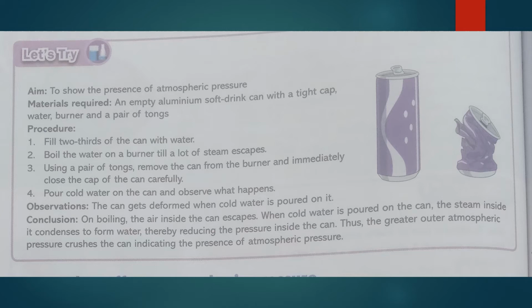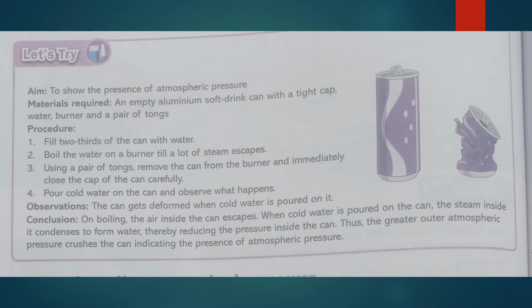So we can conclude that on boiling, the air inside the can escapes. When cold water is poured on the can, the steam inside condenses and forms water droplets, and therefore reduces the pressure inside the can.